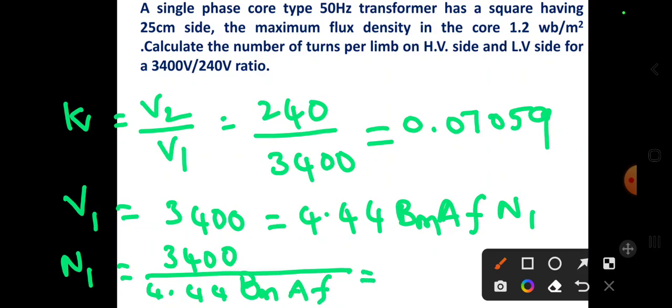Yes, you can substitute all these values. That is 3400 divided by 4.44 into Bm value 1.2 into the cross sectional area 25 into 25 into 10 power minus 4.